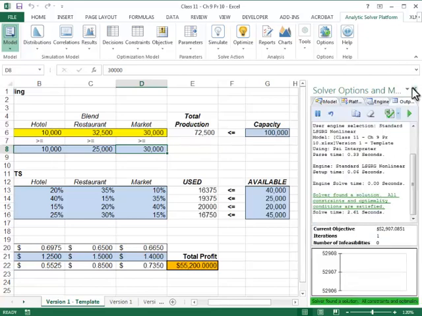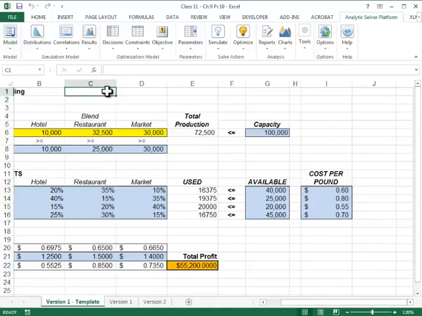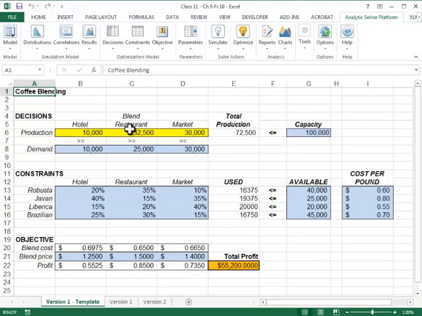Now let's see if the solution makes sense. I'm making as much of the restaurant blend as possible, which makes sense because that's the most profitable one. And the next one I'm making is the market one, which is the next profitable one, and the least of the hotel blend. Good.